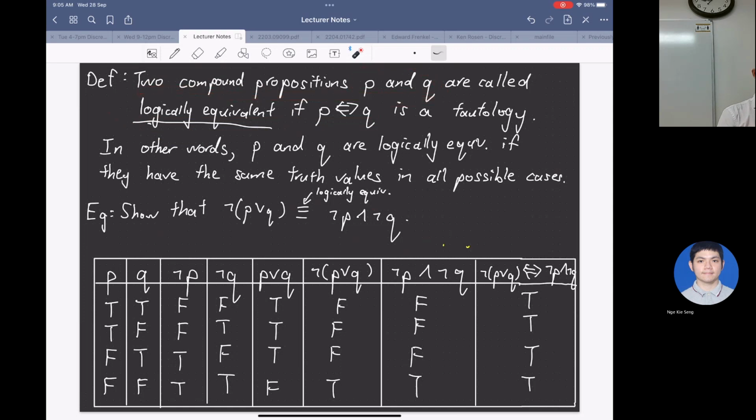We say that two compound propositions P and Q are logically equivalent if P if and only if Q is a tautology. In other words, we can also say that P and Q are logically equivalent if they have the same truth values. So a good exercise is to show that these two are equivalent.